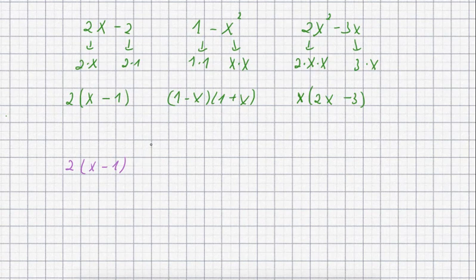We have the x minus 1 here, but we don't have the x minus 1 here, so you have to take both of them. The whole thing. Sometimes it happens, you just have to copy all of them down. And this is the right answer.